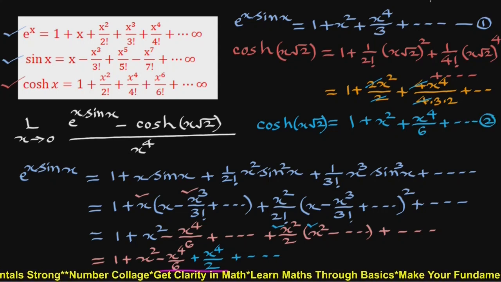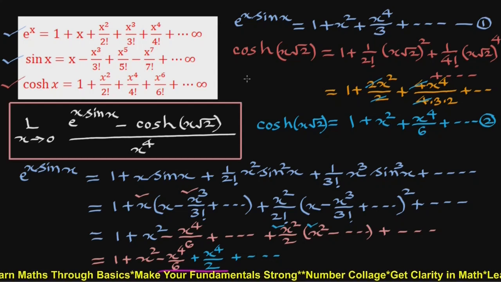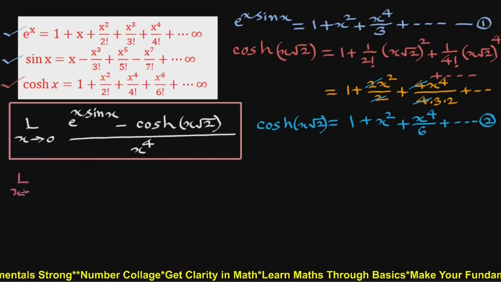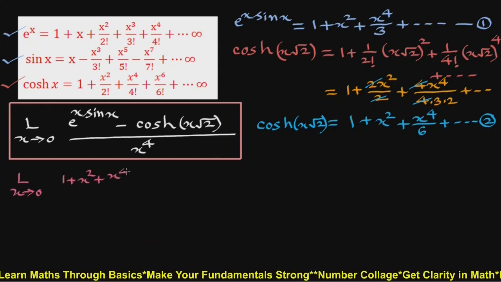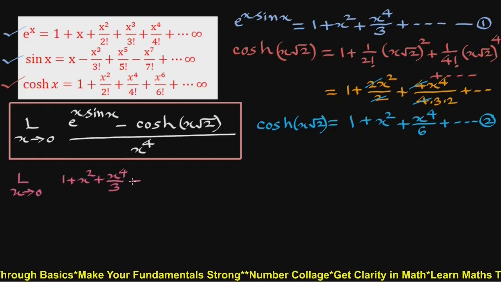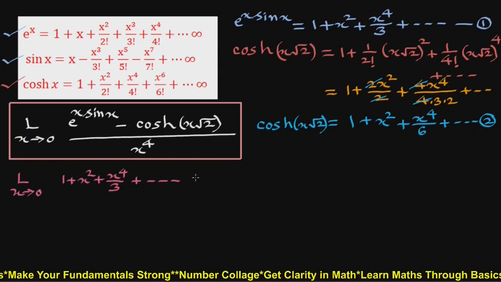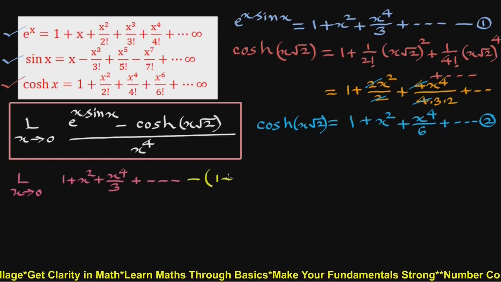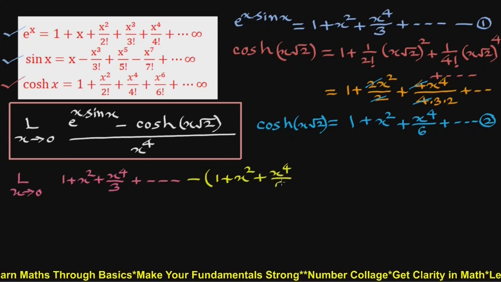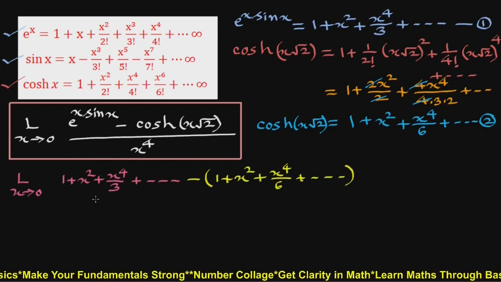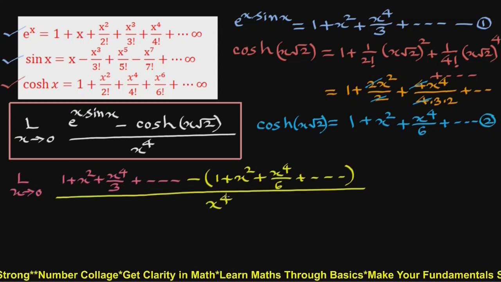Now from 1 and 2 we will write this limit as x tends to 0 of 1 plus x square plus x raised to 4 upon 3 plus so on and so forth, minus 1 plus x square plus x raised to 4 upon 6 plus so on and so forth, upon x raised to 4.